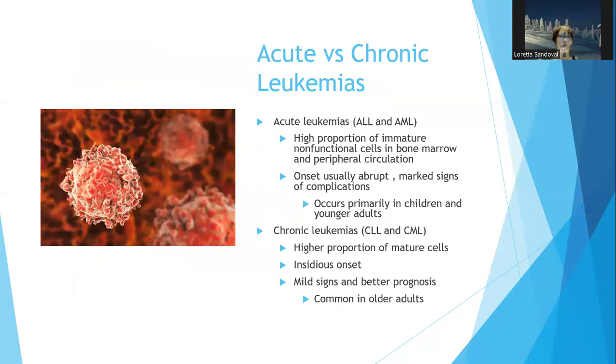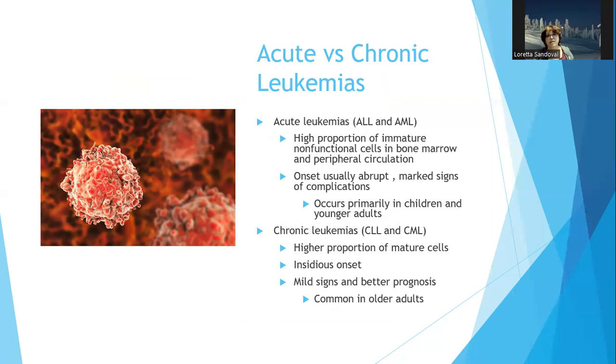So acute versus chronic leukemias. The acute leukemias, ALL and AML, have a high proportion of immature non-functional cells in the bone marrow and in the peripheral circulation. So like anything that's acute, it has abrupt onset, marked signs of complications, occurs primarily in children and younger adults, and it's definitely life-threatening.